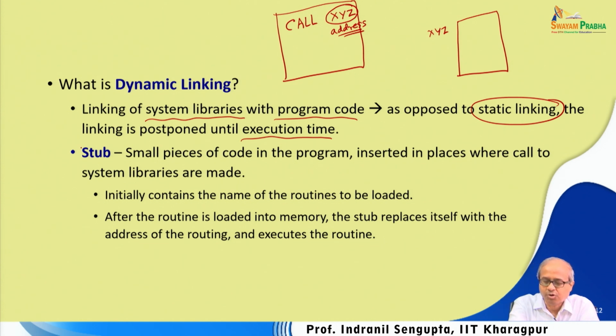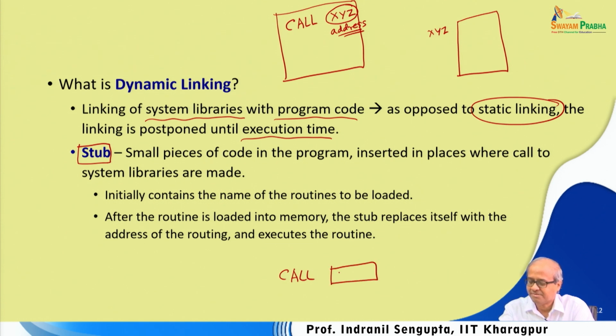One common and popular way is to use small code segments called stubs. These are small pieces of code in the program. Wherever in your program there is a call to XYZ, you add a stub. A stub is a special small code which initially contains the name XYZ. Later on, when you are trying to call this function, that stub will identify that you are trying to call it. Then it will make a request to the operating system.